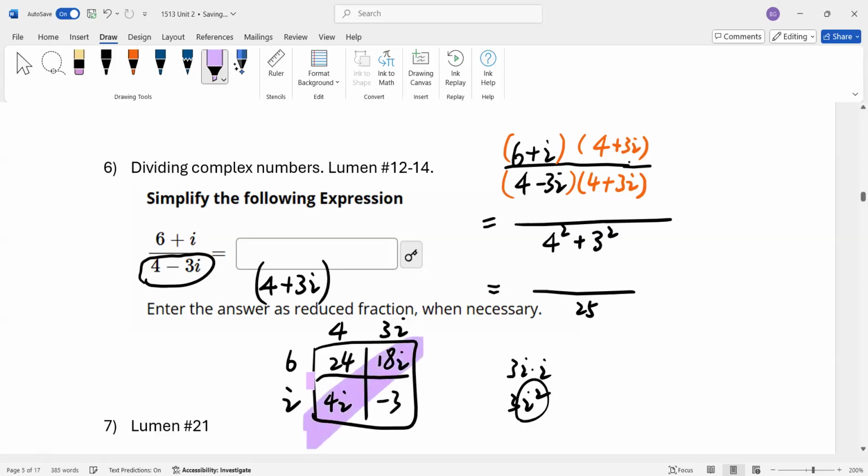Those two combine, 24 minus 3, 21. 18i plus 4i, 22i. Almost there, bear with me.